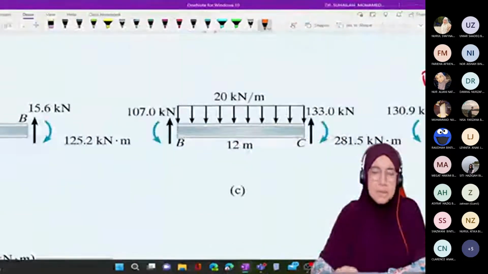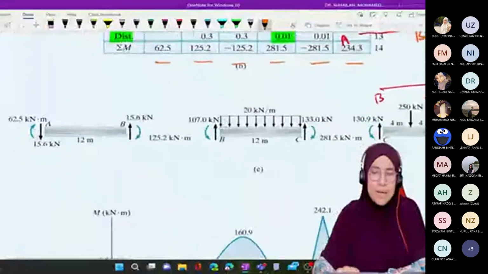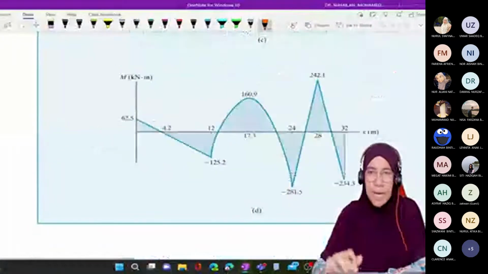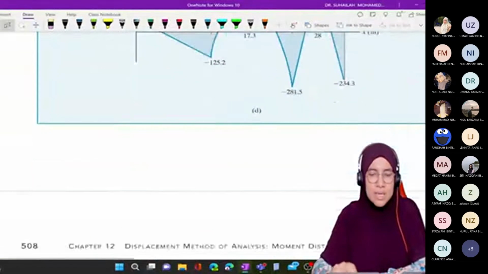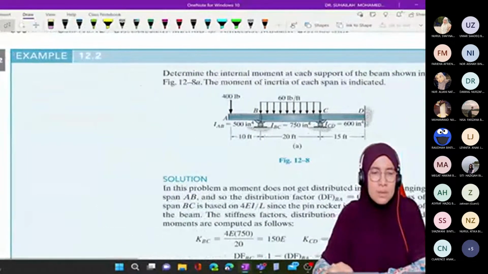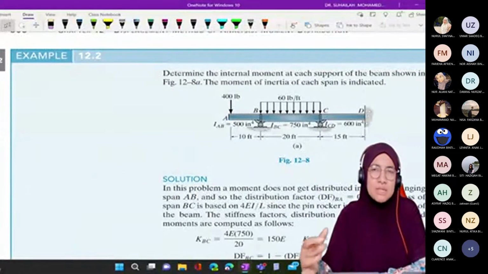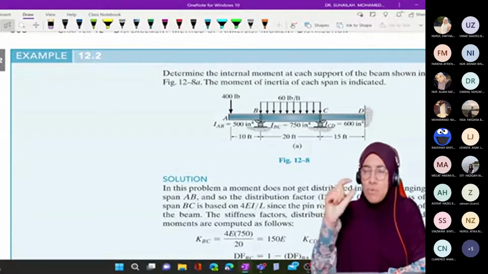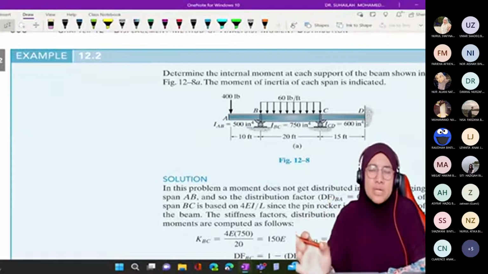So this is example 12.1, which we already discussed last week. If you refer to the latest version of the textbook, all units are SI.